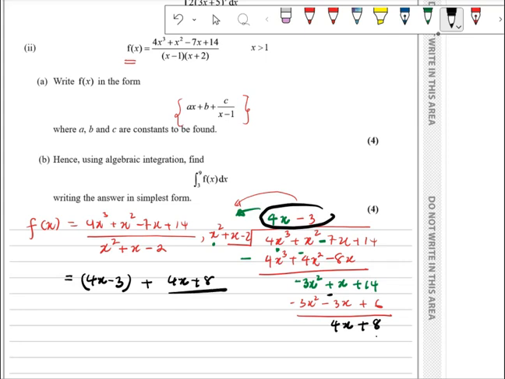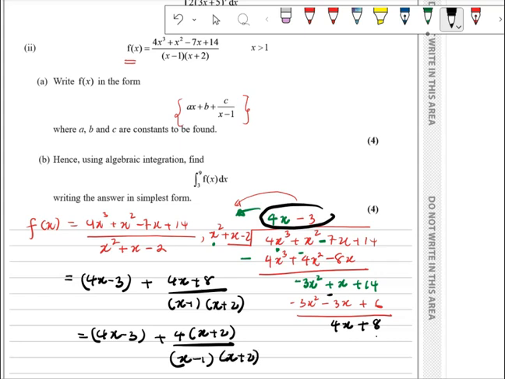I'll bring back my factorization, factored form: x minus 1 and x plus 2. Now one thing you realize here is that this can be factorized. You can factor out the 4, not the 2, and then you stay with 4 into x plus 2, all of it over x minus 1 and x plus 2.